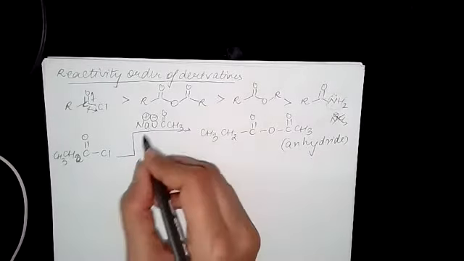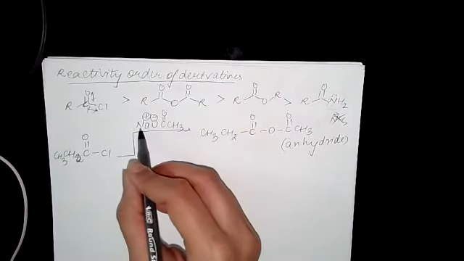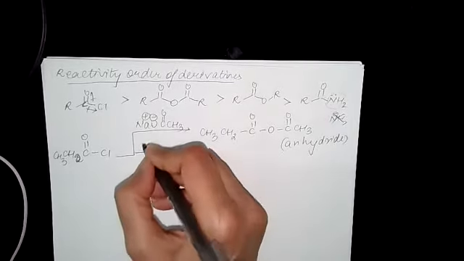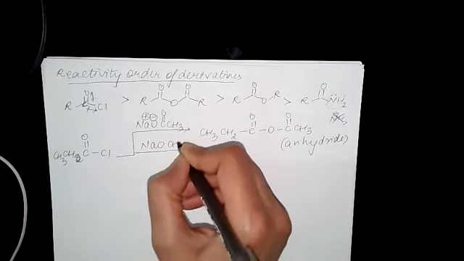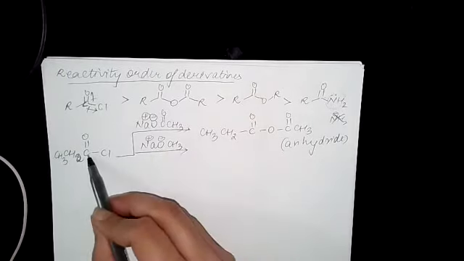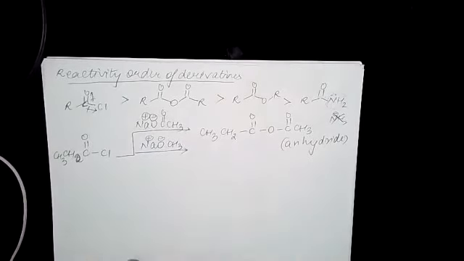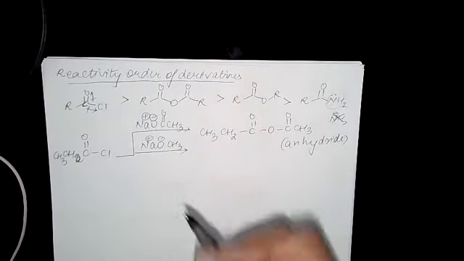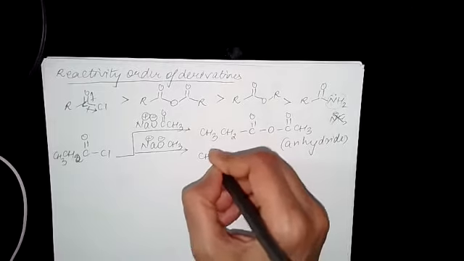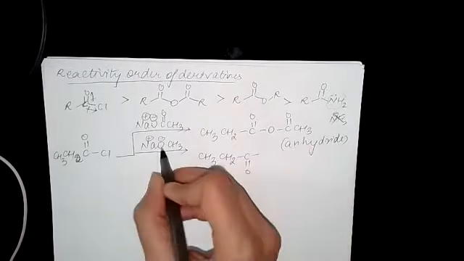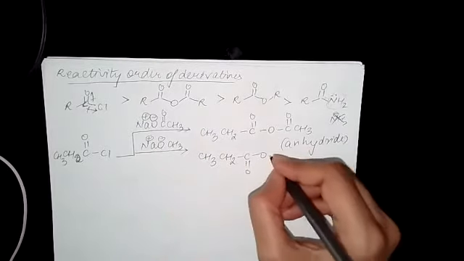Instead of this sodium acetate, if I have sodium methoxide, again, the O is going to attack here, opening up of the carbonyl will take place. This will be followed by the regeneration of the carbonyl kicking out the leaving group, and we will be generating an ester.